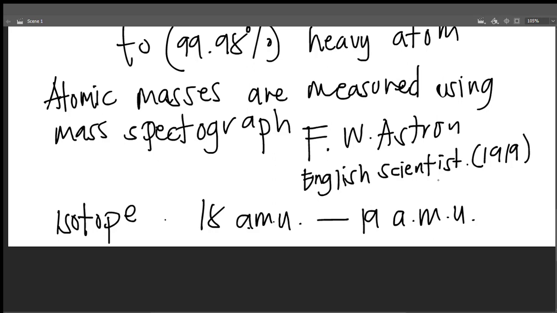So the average atomic mass of the element is 50% of 18.